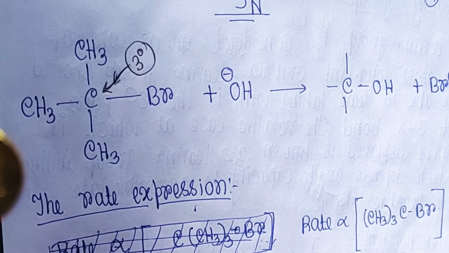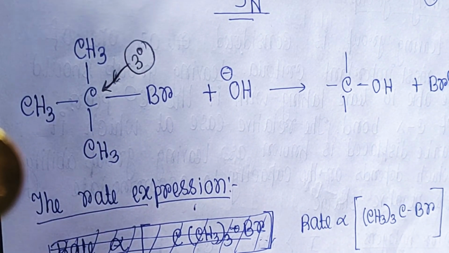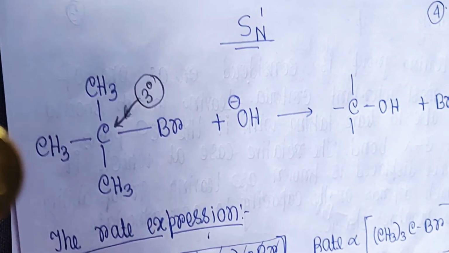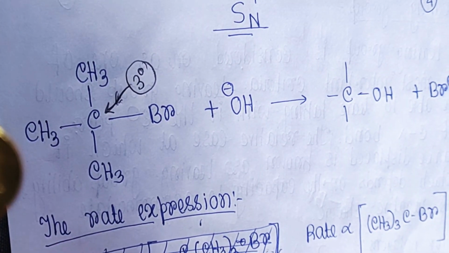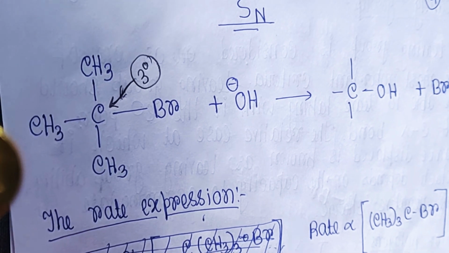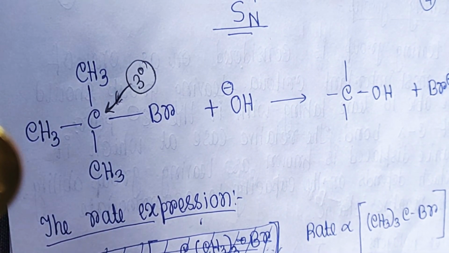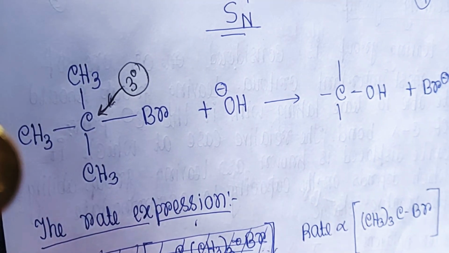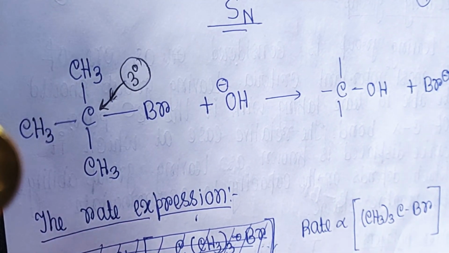Now we will discuss the SN1 reaction. The 1 denotes that this is a unimolecular reaction, meaning in the RDS, the rate depends only upon the concentration of any one of the reactants. We would come to that.